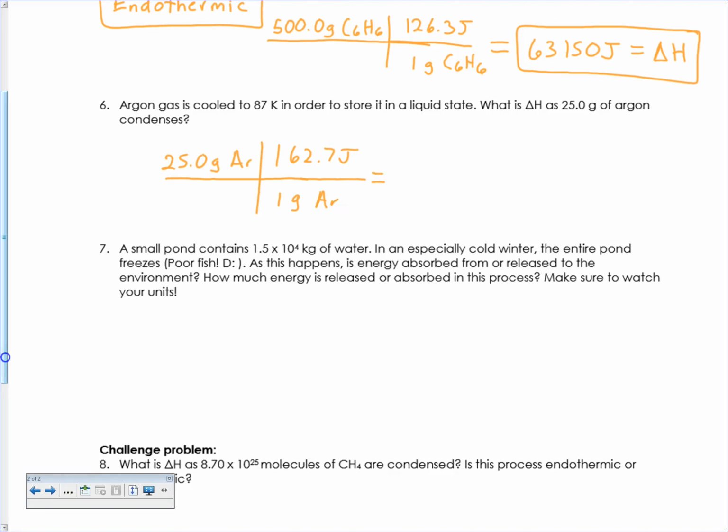Okay. So again, since this one is going from a gas to a liquid, it is exothermic, which means it's going to be negative. Rounding to 3 sig figs, we get 4,070 joules.